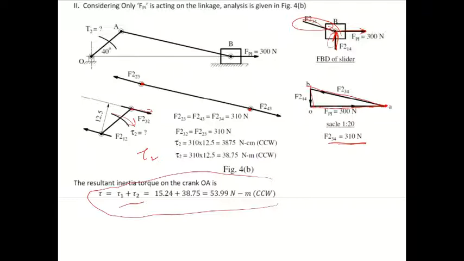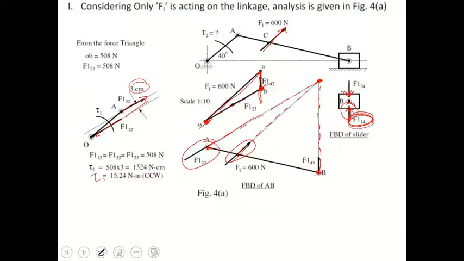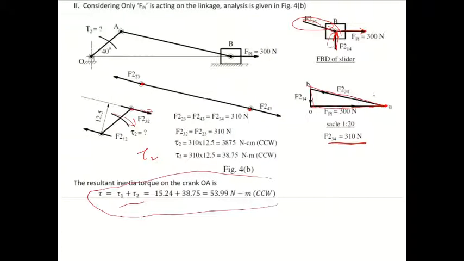So in the first calculation, here we didn't include the inertia force. In the second stage, we are including the inertia force.